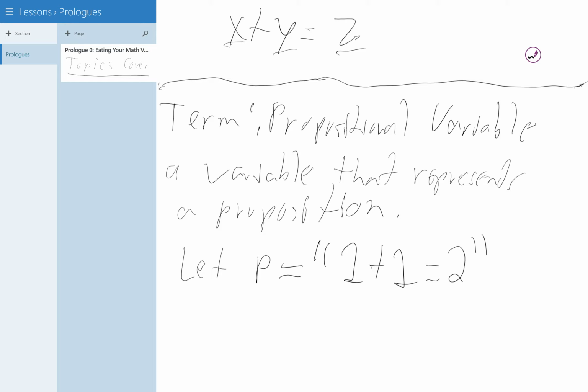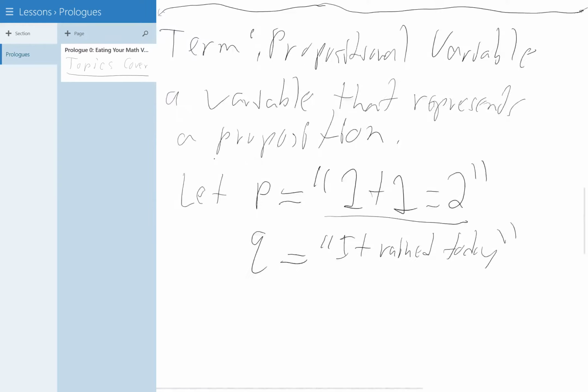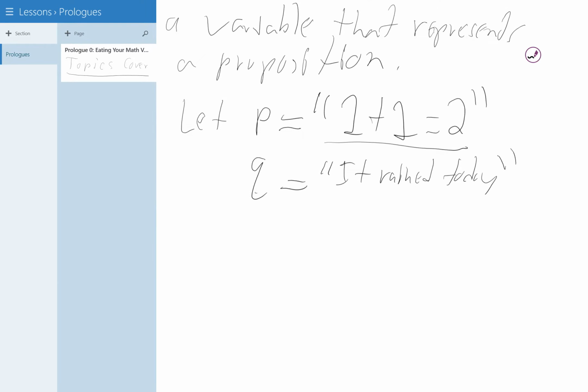So you can see p represents this proposition, right? And so you can make another variable, q, equals it rained today. So these are just variables that represent a proposition.